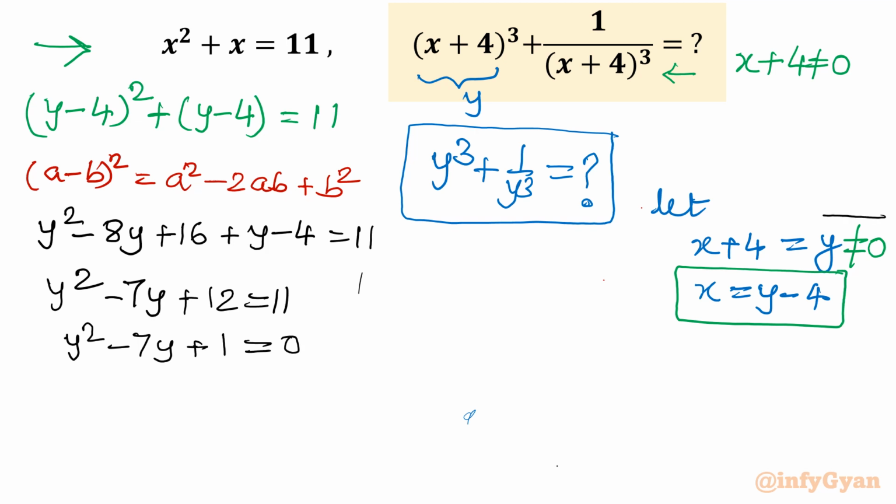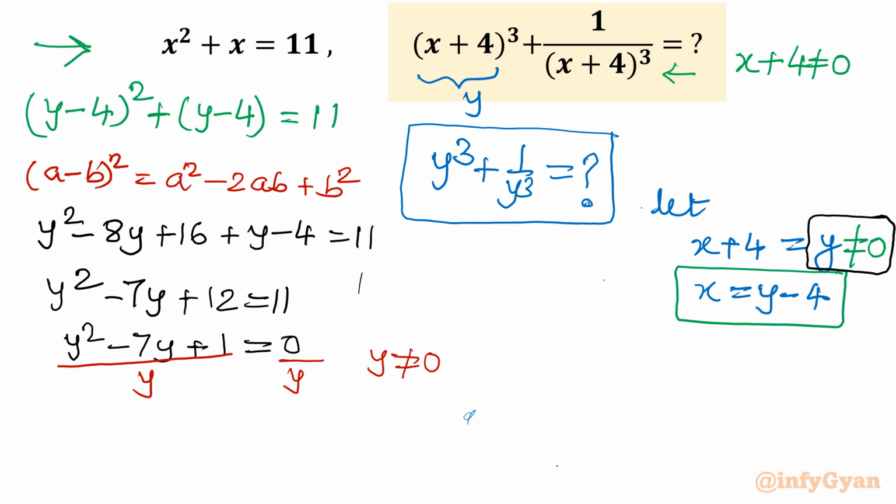Since we know y cannot be equal to 0, then we can think about division by y. So what I am doing here, I will divide LHS and RHS by y as y is non-zero.